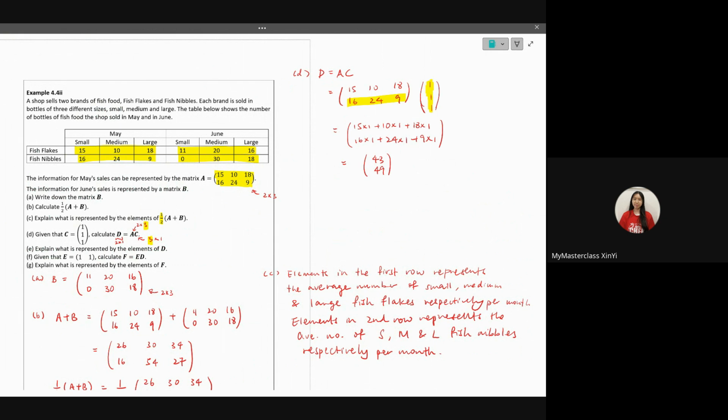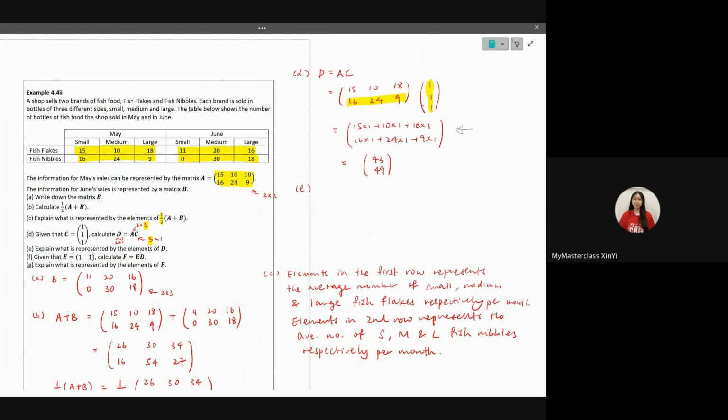Again, explanation question. Explain what is represented by the elements of D. So basically what you're doing here, let's look backwards again at this step. For the first row, you have taken 15 plus 10 plus 18. So let's look back at the table.